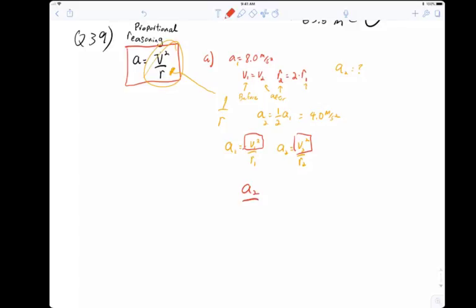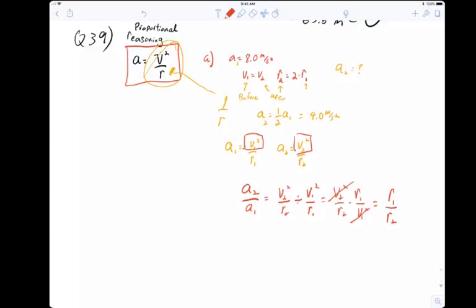a2 divided by a1 is equal to v2 squared over r2 divided by v1 squared over r1, which is equal to v2 squared over r2 times r1 over v1 squared. These numbers in this case are held steady, so the relationship between a1 and a2 is the same as the relationship r1 divided by r2.